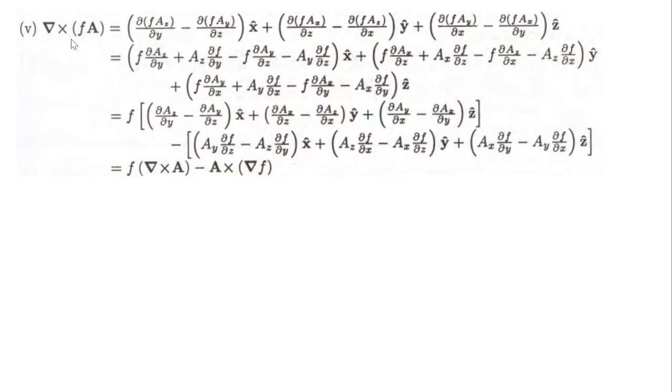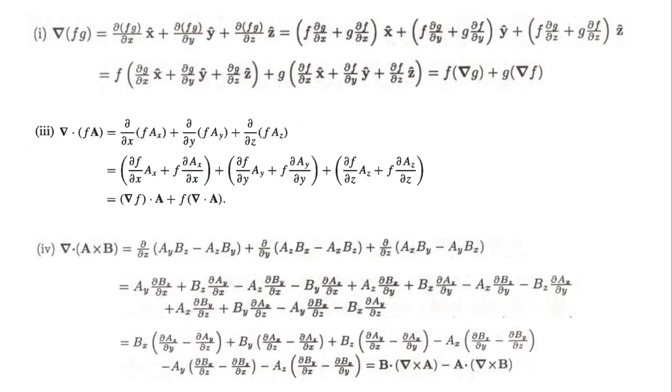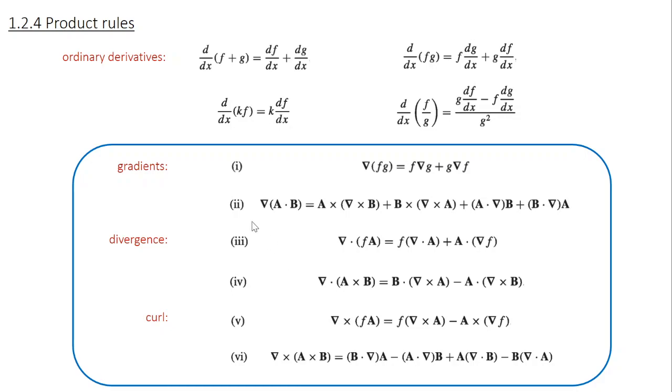Similarly, you can do for curl of f of a, just like the previous case. You just expand, apply the product, you get f into curl of a minus a cross gradient of f. You can do this as a homework. So I have given you proof for 1, 3, 4, 5. You need to find the proof for 2 and 6 on your own.